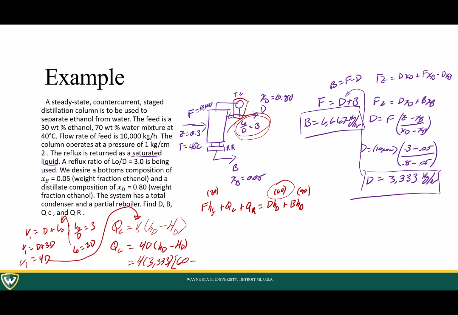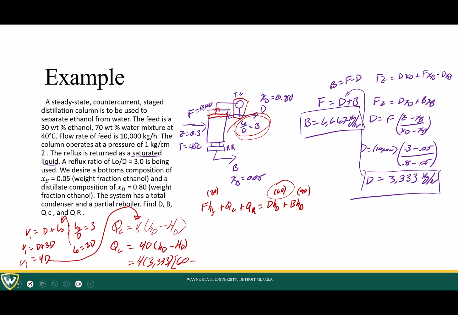We know this is going to be saturated vapor. The reason we know it's saturated vapor is because this vapor is leaving this equilibrium tray. Liquid and vapor leaving an equilibrium tray leave at their saturation points, so it leaves as saturated gas and saturated liquid.